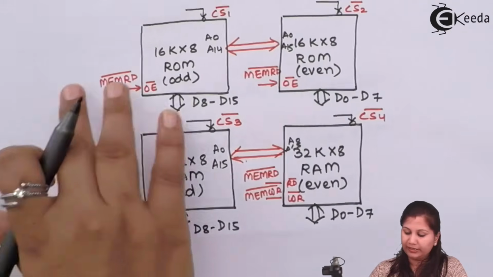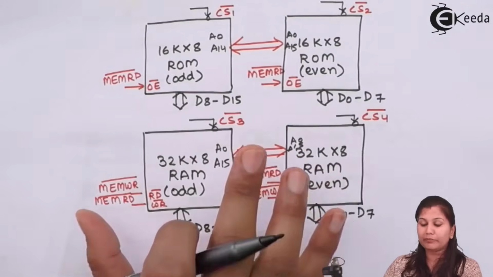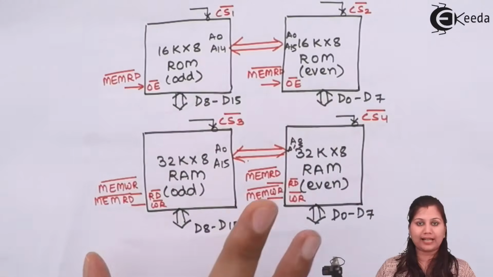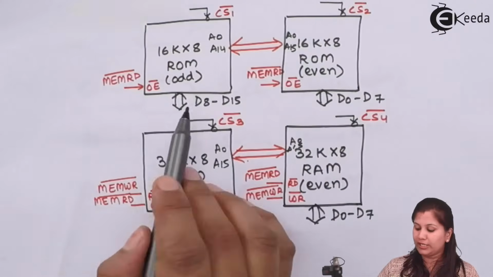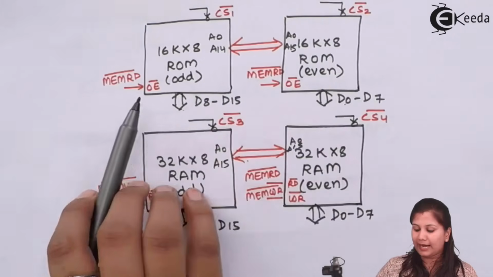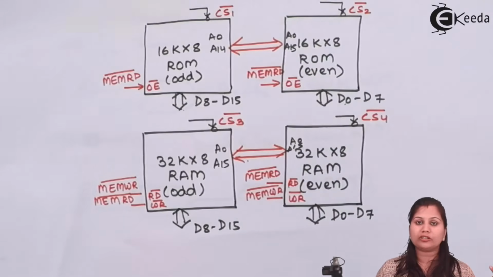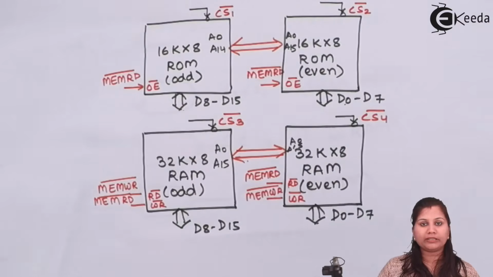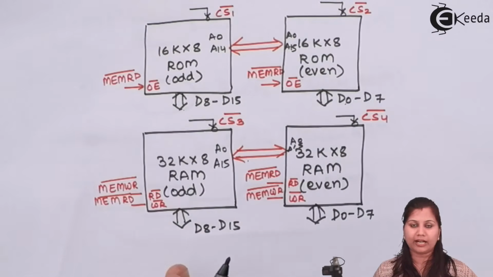So this is the interfacing circuit in which 4 memory chips of different sizes are interfaced with the microprocessor. We have used the 20 address lines of the microprocessor, 16 data lines, and the memory read and write signals. These are for the 8086 microprocessor. For forming the chip select signals, we have used the NAND gate and the negative NAND gate.